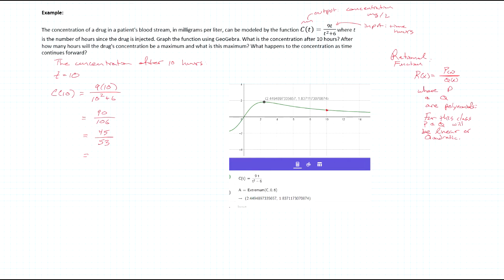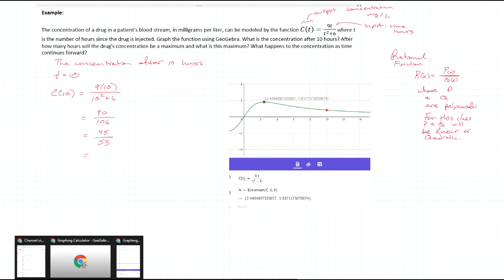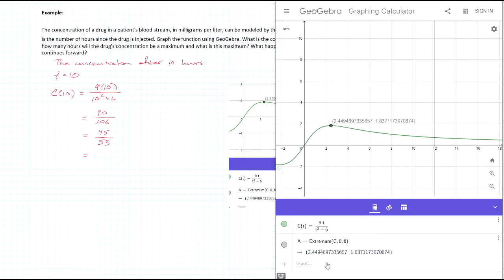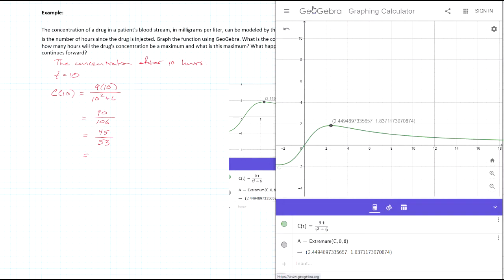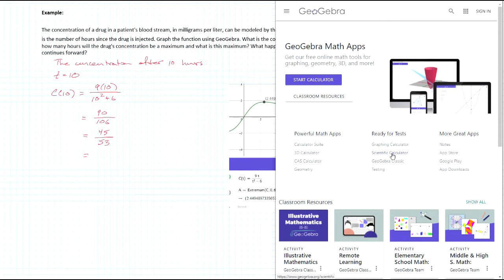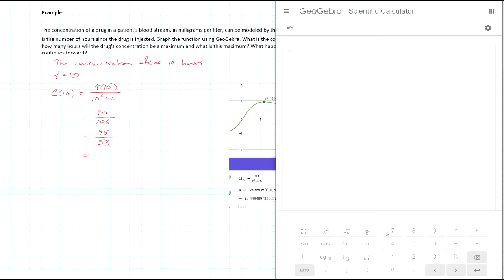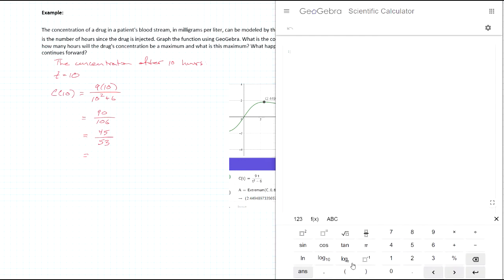So if I grab my GeoGebra up again real quick, and I could grab a scientific calculator and just type in 45 divided by 53, and we get 0.849.